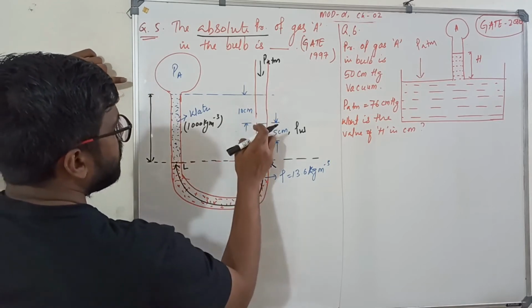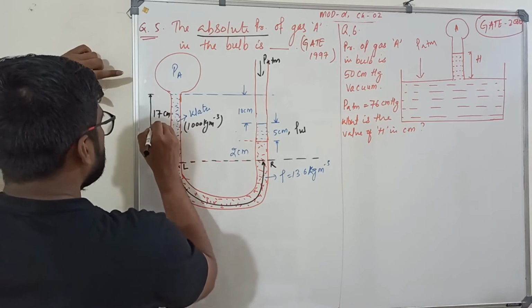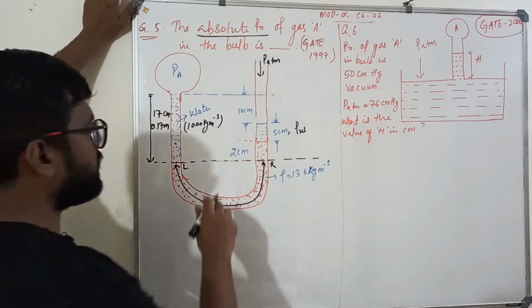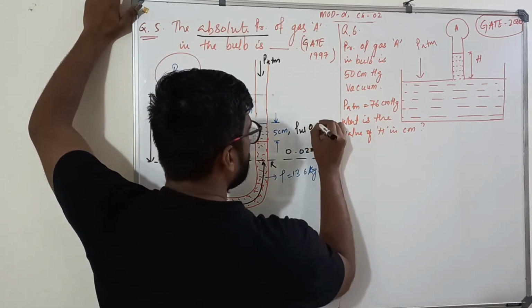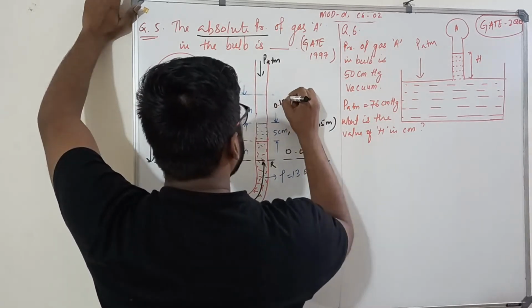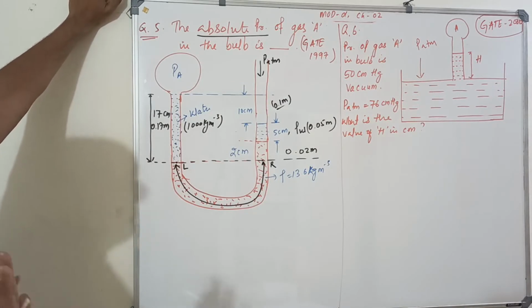The total height h is 10 centimeter plus 5 centimeter plus 12 centimeter, 17 centimeter, that is 0.17 meter. This is 2 centimeter, 0.02 meter, this is 0.05 meter and this is 0.1 meter. Got it?